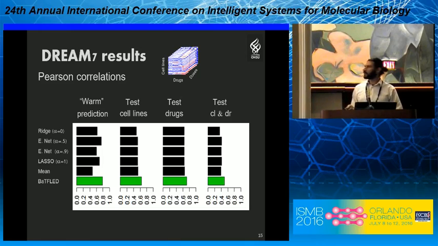So this is for a 10-fold cross-validation and how I perform in comparison to different elastic net models: ridge regression, elastic net with different values, and lasso. And then this mean indicator here is, for a new cell line, I would predict the average of the response over all the cell lines in the training data set.